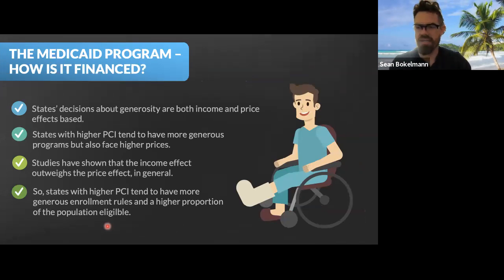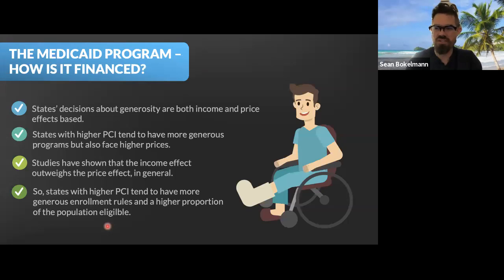Because states can choose how generous they are, they typically decide the level of generosity based on income and price effects. States that have a higher per capita income tend to have more generous programs, but they also face higher prices. So there's an income effect and a price effect.